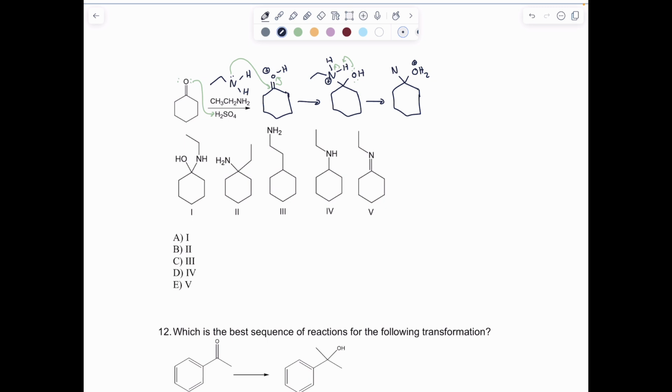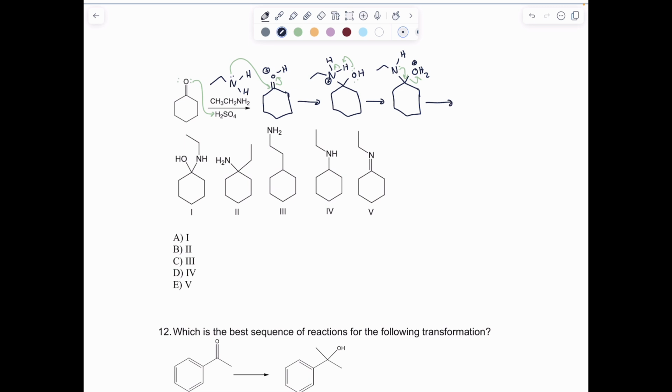So this nitrogen, which now does not have a positive charge, only has 1 hydrogen and a lone pair. This lone pair is able to come back down to form a double bond and kick off this OH2 as a leaving group.